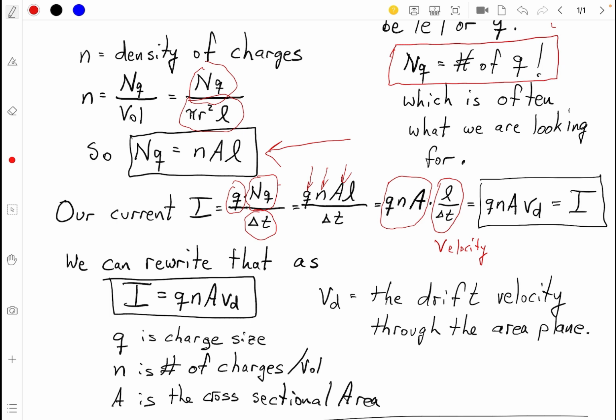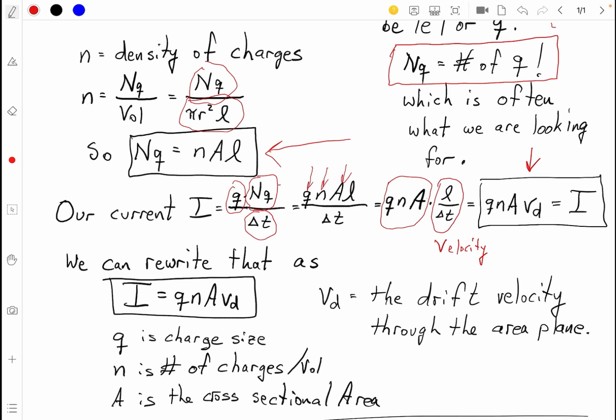So we've got our charge, we've got our density of charges, we've got the area of the wire, and then we've got our drift velocity. And that's our current. That is a very important equation to keep in mind for the homeworks. You'll want to know that.